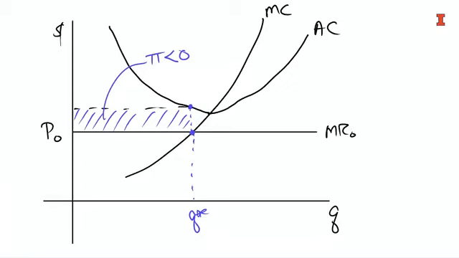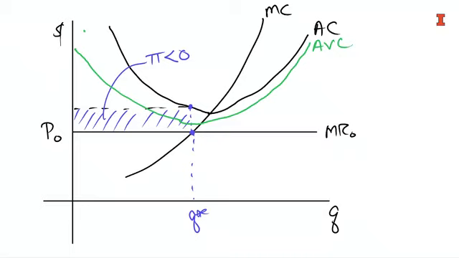In the meantime, what should you keep doing? Well, suppose I told you now that the average variable cost looks like this. So is that a legitimate average variable cost? You bet. It's U-shaped, and its minimum lies along the marginal cost curve.